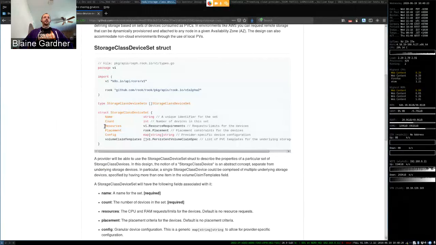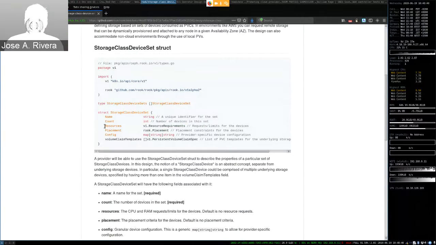Like, if these device sets aren't going to be used at the same time as our existing device-based model, I don't see why this would need to override any other settings.